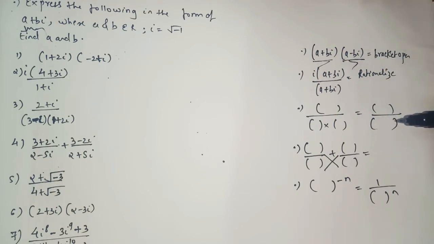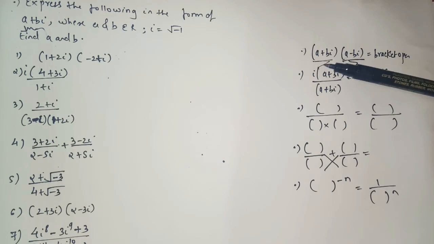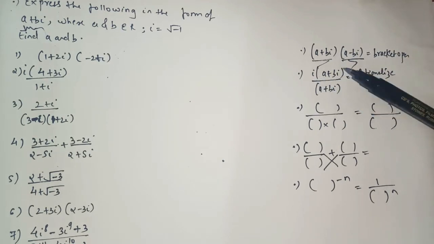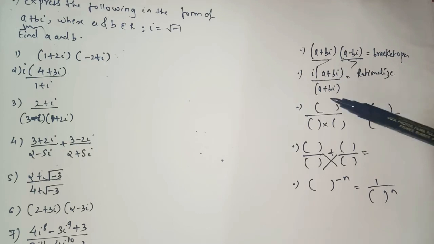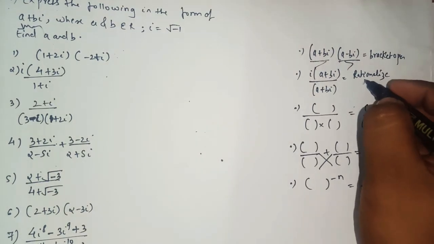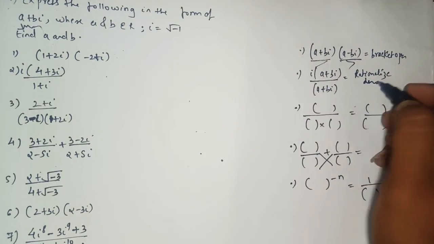So whenever you have these two formats, open the bracket, whenever I is there, open the bracket, and then you have to rationalize. I hope you all know what rationalize means. Rationalizing the denominator, what is that? I will explain, just remember this format.